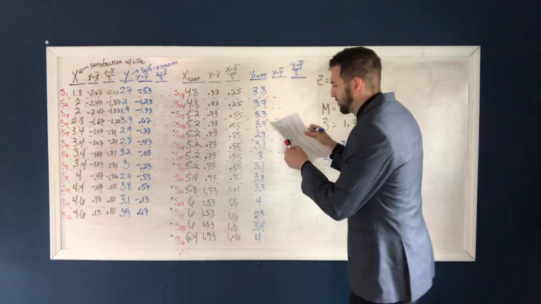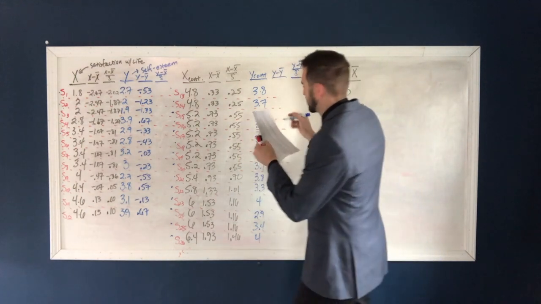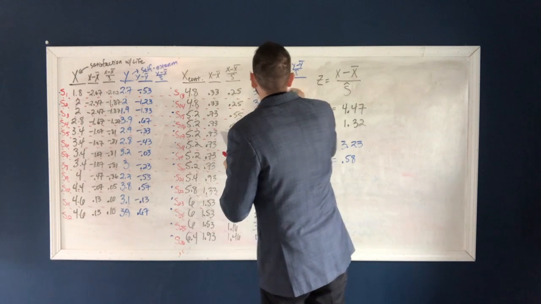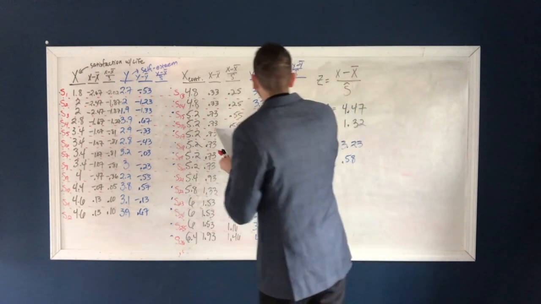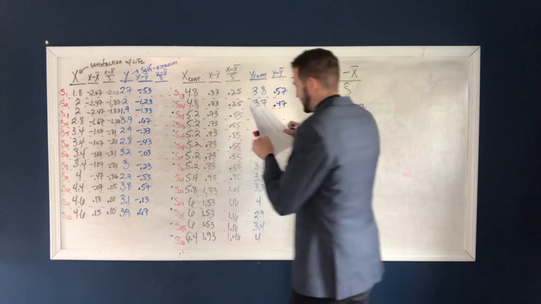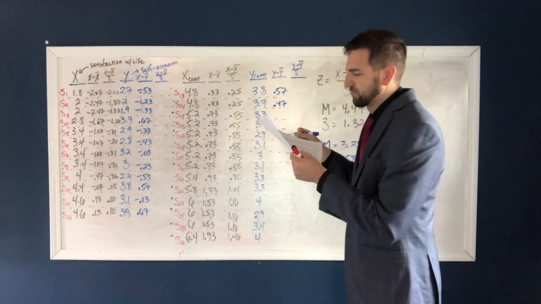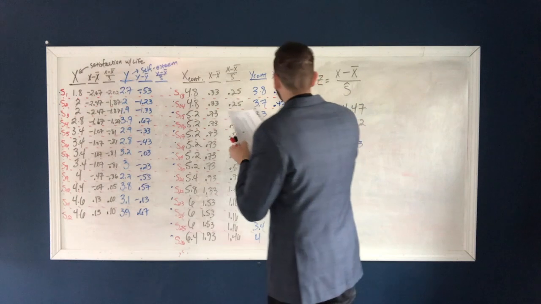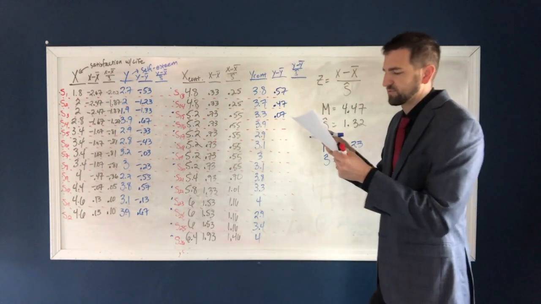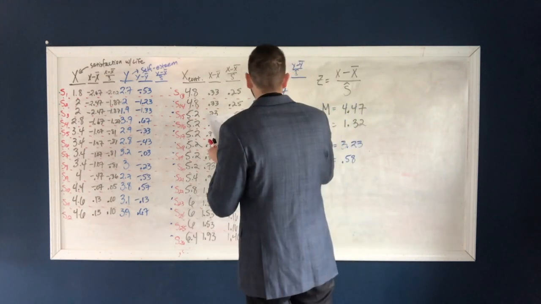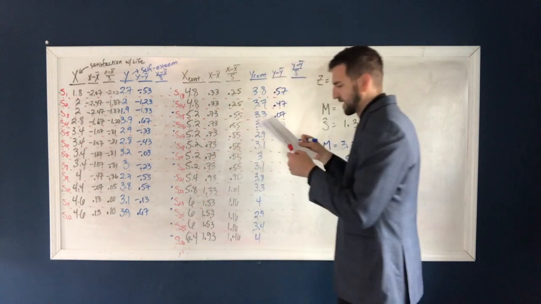Okay, so 3.8 minus 3.23, we're going to get 0.57. 3.7 minus 3.23, we're going to get 0.47. 3.3 minus 3.23, 0.07. 3.9 minus 3.23, we're going to get 0.67.